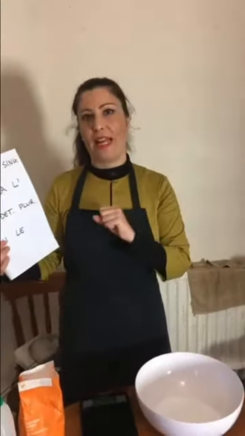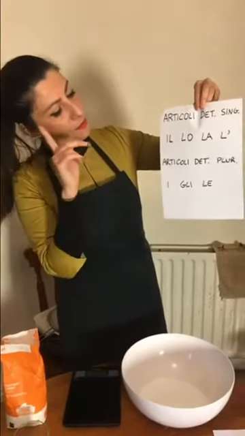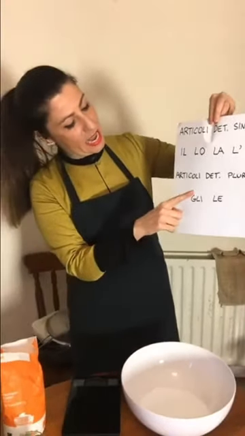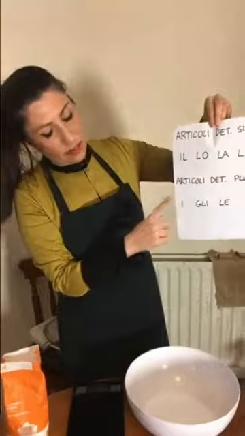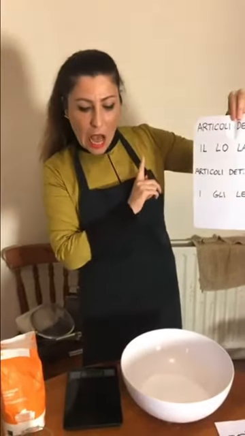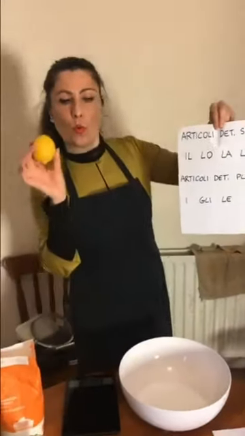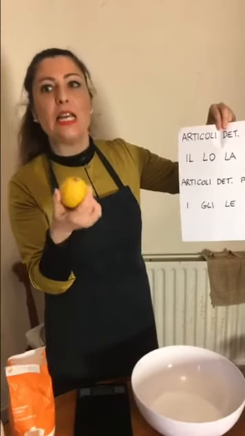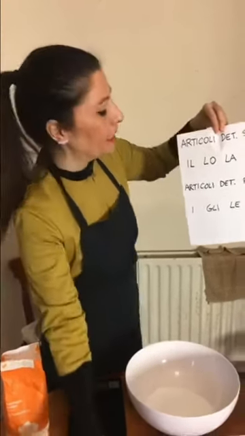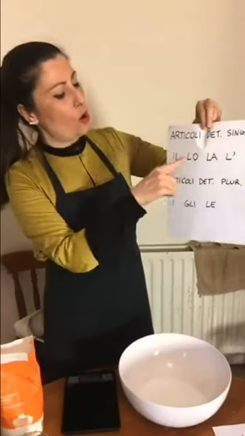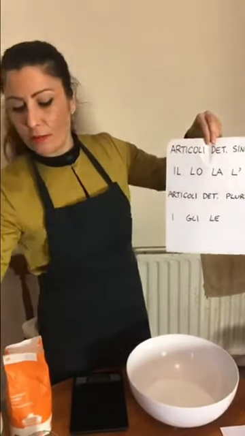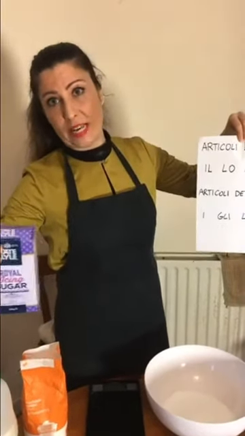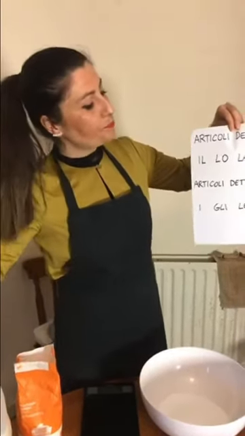Here we have the plural, so we have i, for instance, more than one limone would be i limoni. Then lo will become gli, for instance, lo zucchero, gli zuccheri.